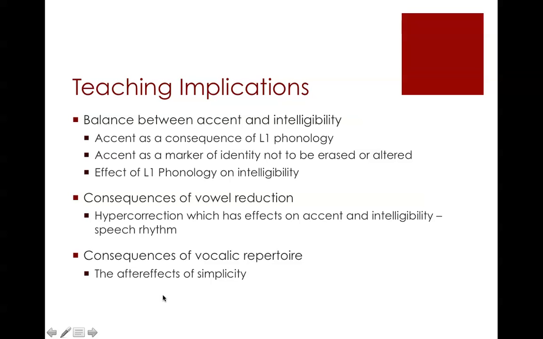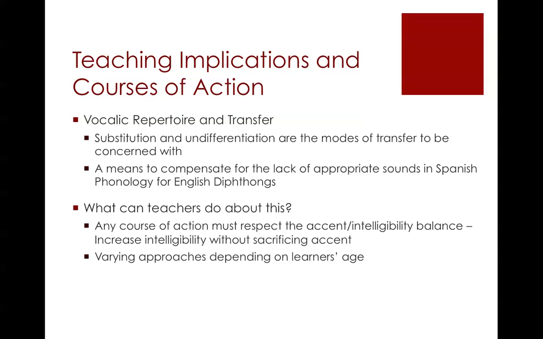Although it has been claimed that the Spanish vocalic system is both simple and elegant, this simplicity has a series of consequences, some of them neutral, if we want to call them that, and some of them negative when it comes to developing speaking proficiency.